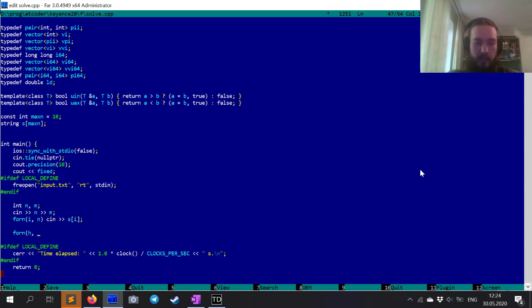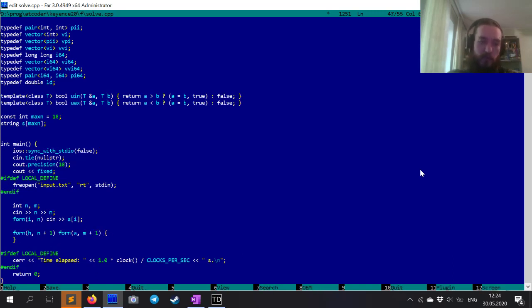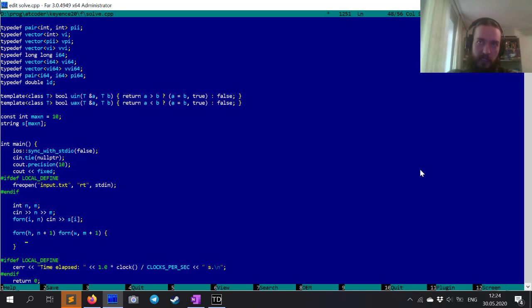H can go between 0 and n inclusive. So that's how it goes. If one of them is a 0, the other one has to be 0 as well. So if w is equal to 0 and h is larger, then we could say that if the smallest of these is 0, but the largest of them is not 0, then this is not a configuration we're interested in.